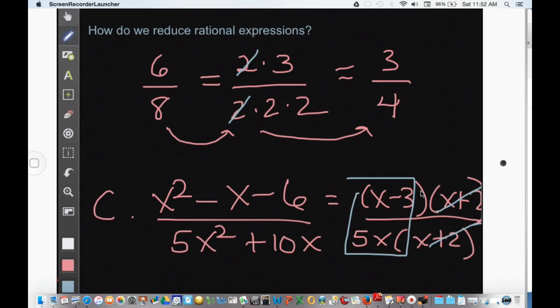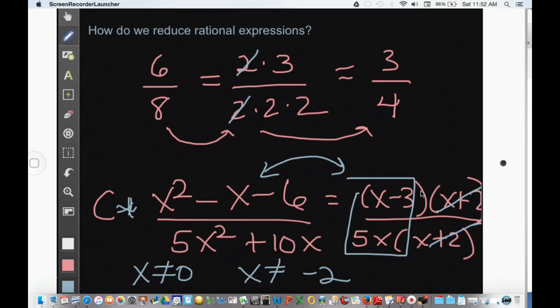So when I reduce the original quantity, I get x minus 3 over 5x. I want to make a note here that these two are equivalent as long as x does not equal 0 or x does not equal -2. Because we have to be concerned with where they are undefined, and that although the final reduced answer has a 5x in the bottom, so it's defined at -2, the original was not defined at -2.